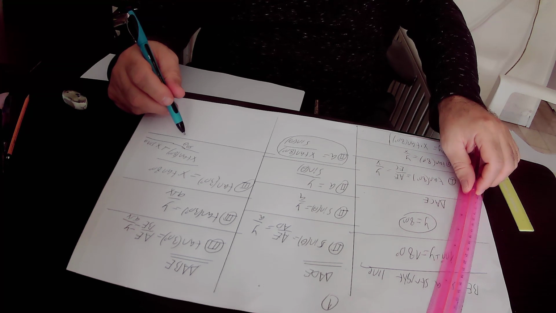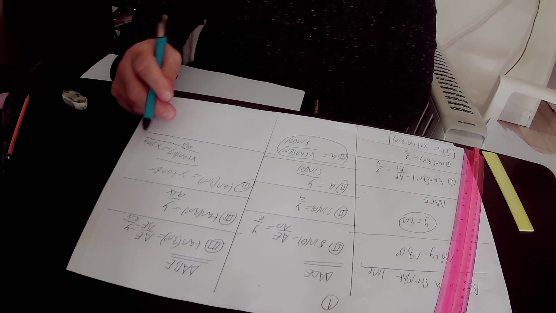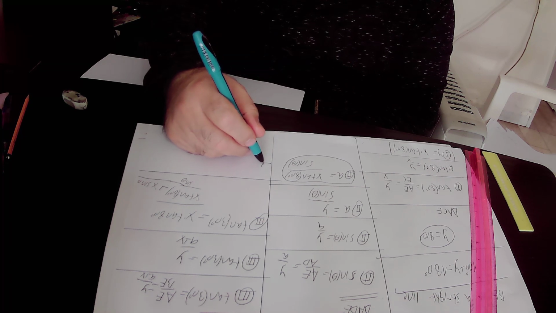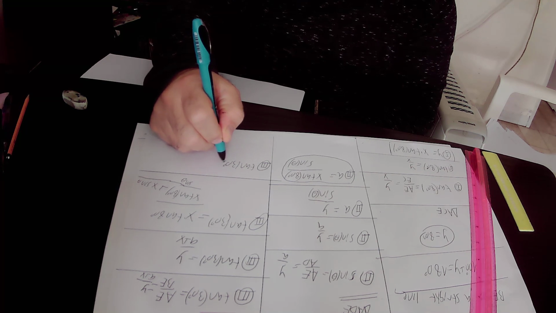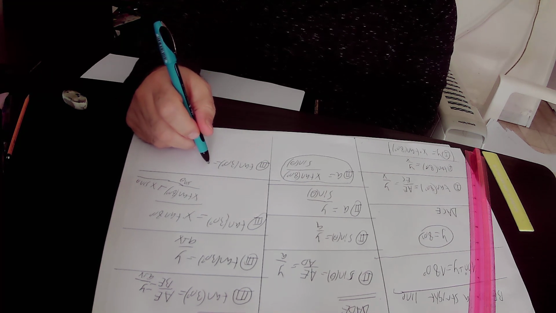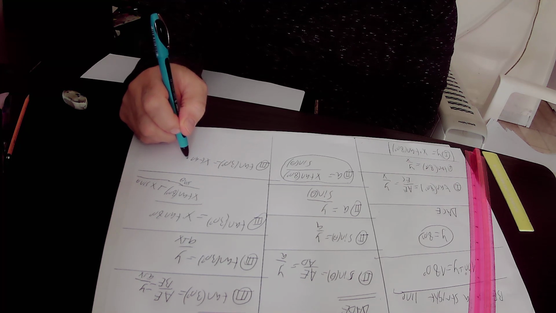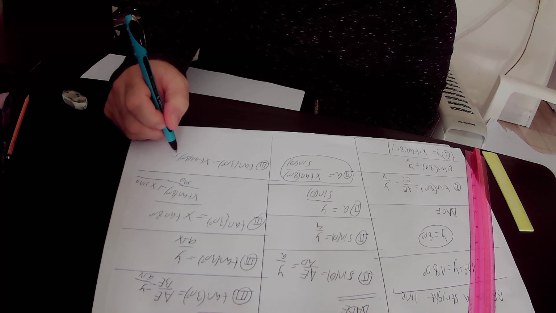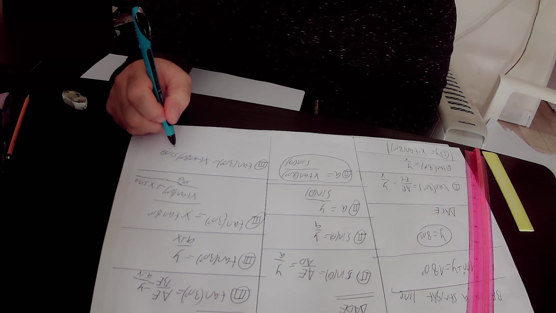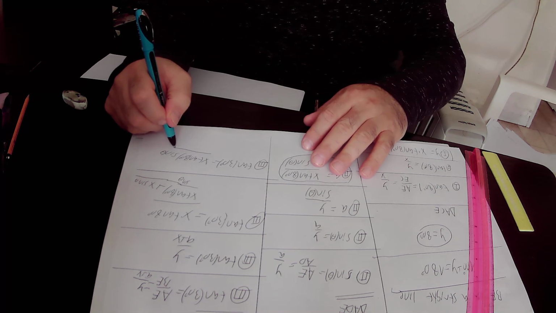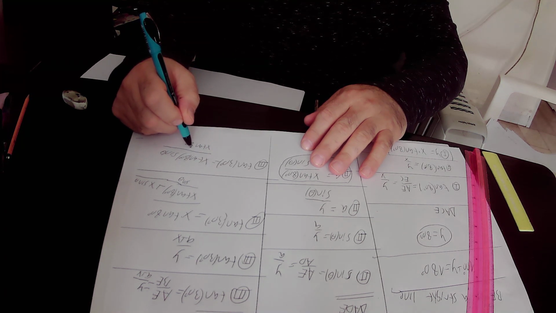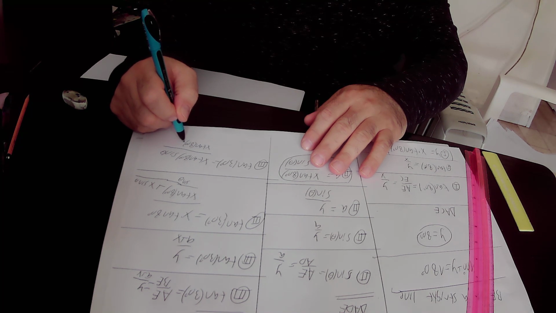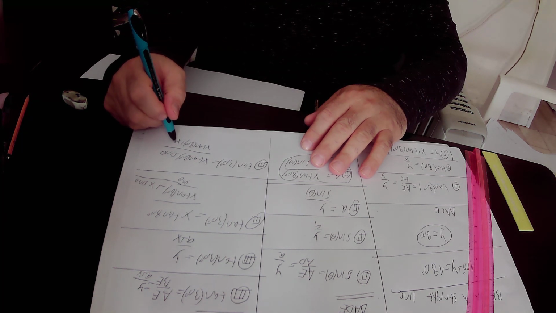Here we will move sinus theta from the denominator to the numerator and we will get that tangent 30 degrees equals x times tangent 80 degrees times sinus theta over x times tangent 80 degrees plus x times sinus theta.